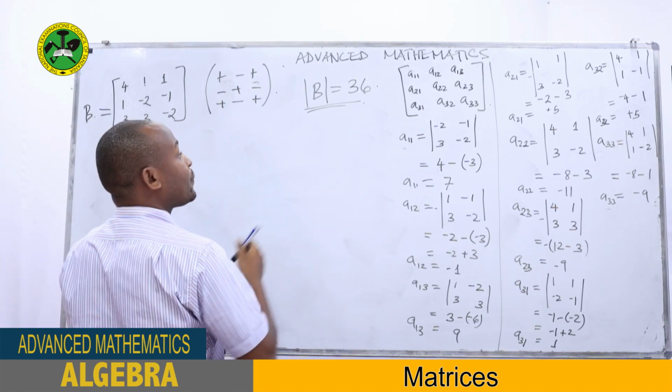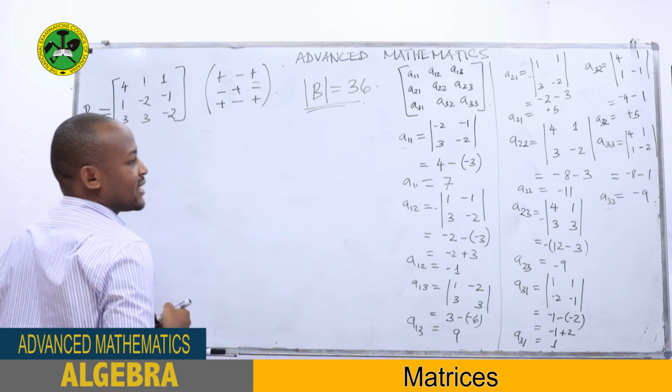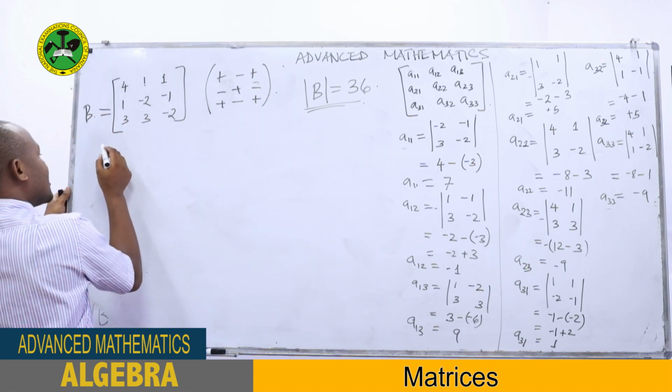And remember, the determinant was 36. Now let's collect the cofactor matrix.